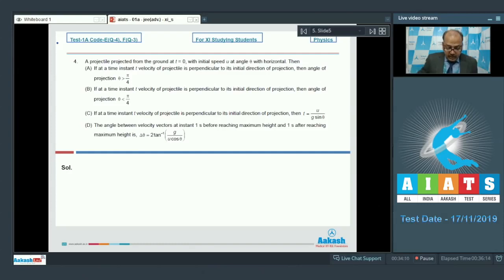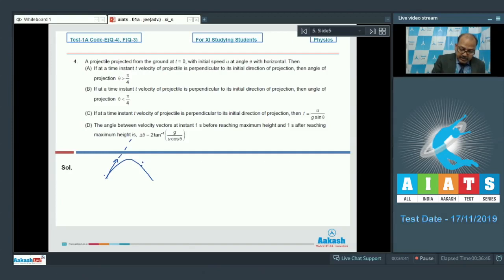Now, particle is projected at angle theta with speed u, and at some instant t its velocity is perpendicular to initial velocity. So if I draw it here, let's say this is the path of the projectile, something like this. Initial velocity is like this, and at some instant the velocity becomes perpendicular.